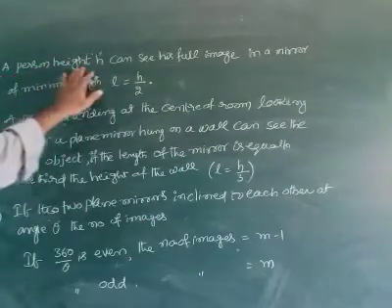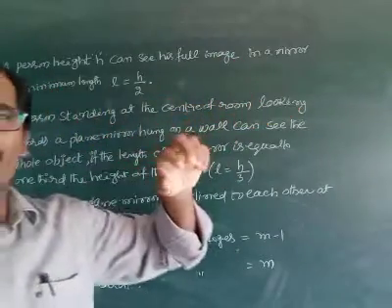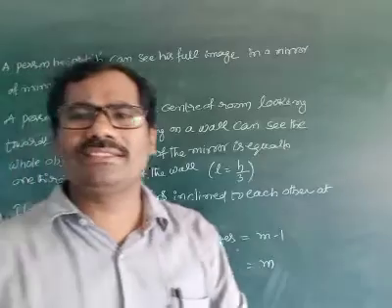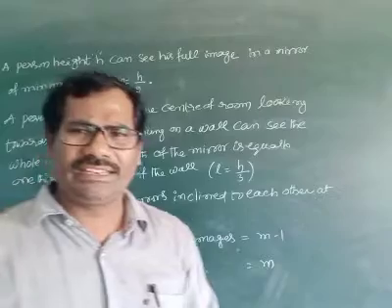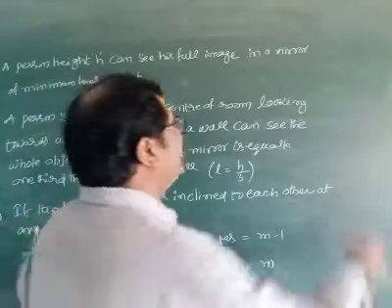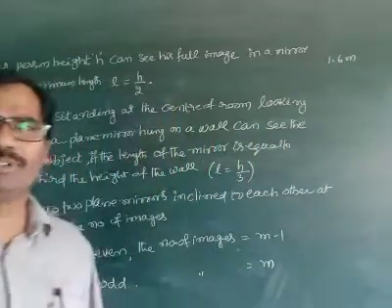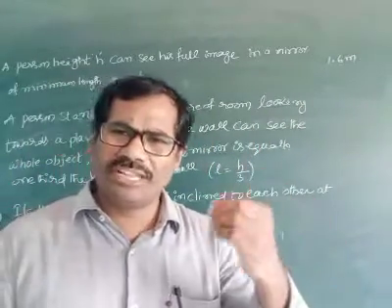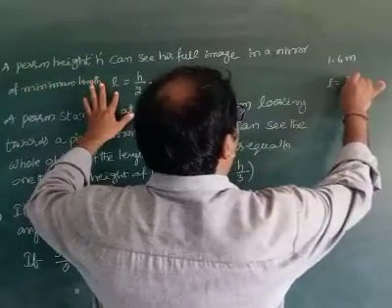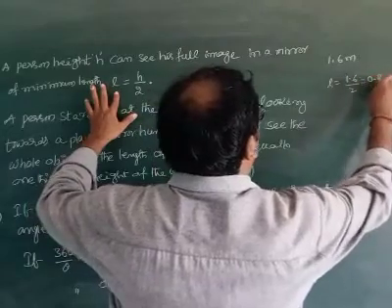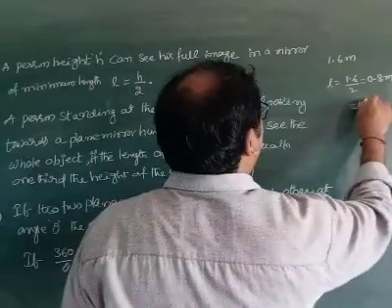Next point, a person of height h can see the full image in a mirror. The minimum length of the mirror is half of the height, that means L is equal to h by 2. For example, if the height of the person is 1.6 meters, to see the full image the length of the mirror is 1.6 by 2, that means 0.8 meters, 80 centimeters.